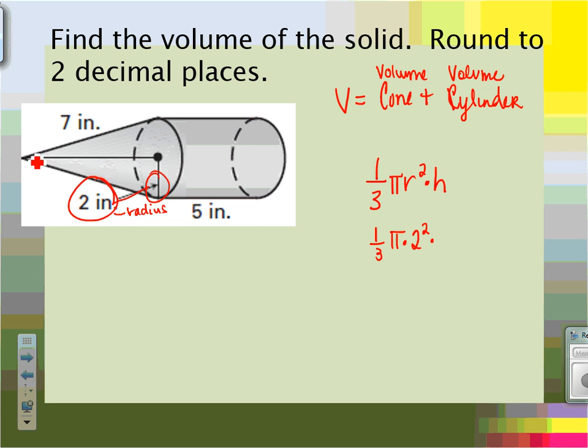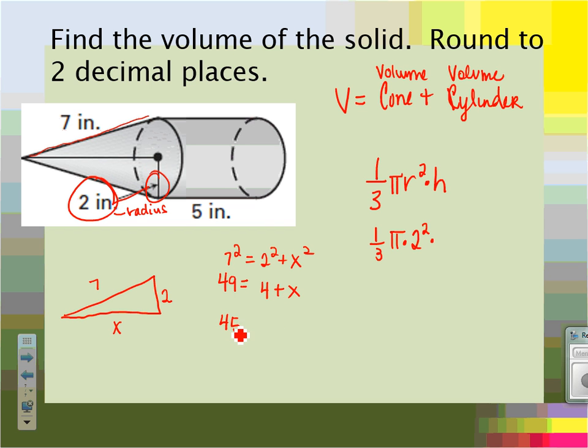Now, it doesn't look like I have a height. It looks like, again, I have a slant height, but I don't have a height. So I need to do a triangle again. This would be 7, 2, and I want to find the height of that cone. So I'd use the Pythagorean theorem. 7 squared is equal to 2 squared plus x squared. 49 equals 4 plus x squared. 45 equals x squared.